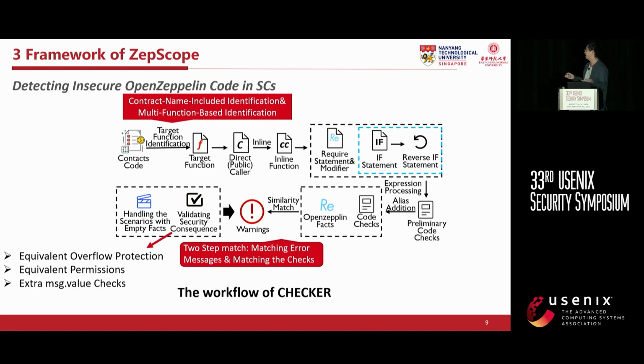So if you are using a higher compiler version, you do not need to focus on those checks. And there are other things that are similar, which we call something equivalent. For example, equivalent overflow protection, equivalent permission checks, and maybe some extra message.value checks.